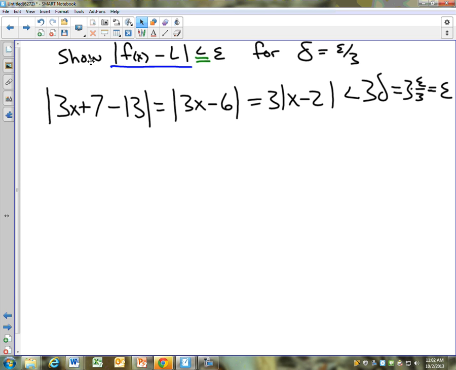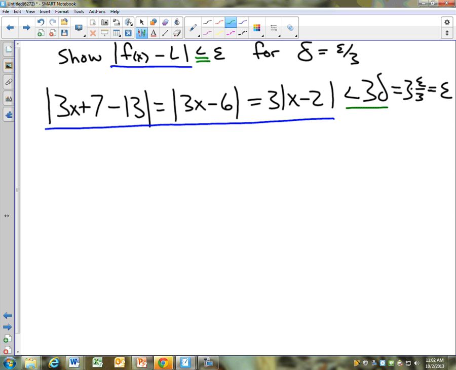We'll do it again. Watch. All right, we'll show you. Okay? Watch the steps. I'll outline it in blue. The blue is just that expression written in equivalent form, right? The function minus the limit. And then I break it down to 3x minus 6. I factor out the 3. Do you see that? And then the green part is that less than 3 delta piece.